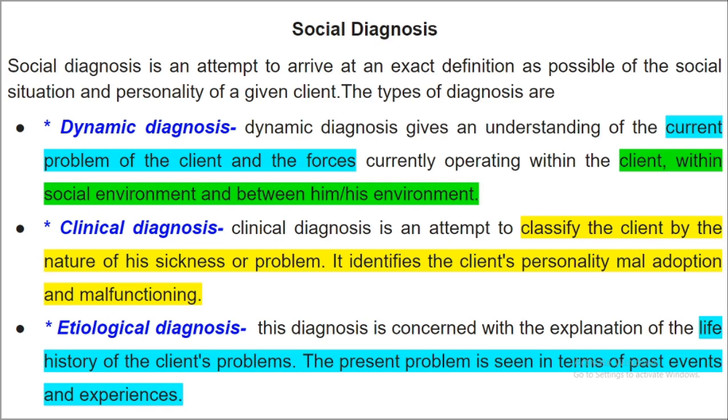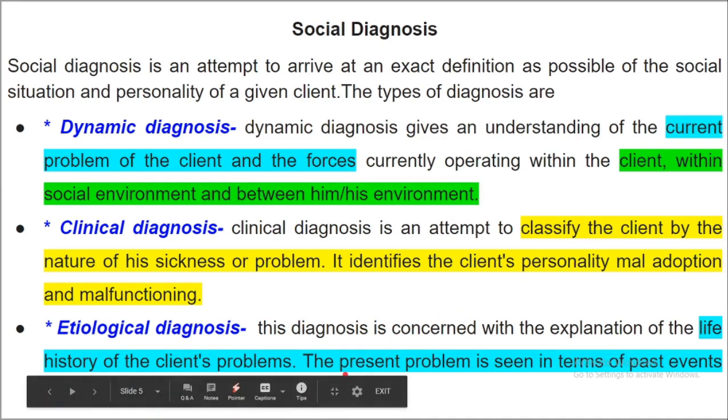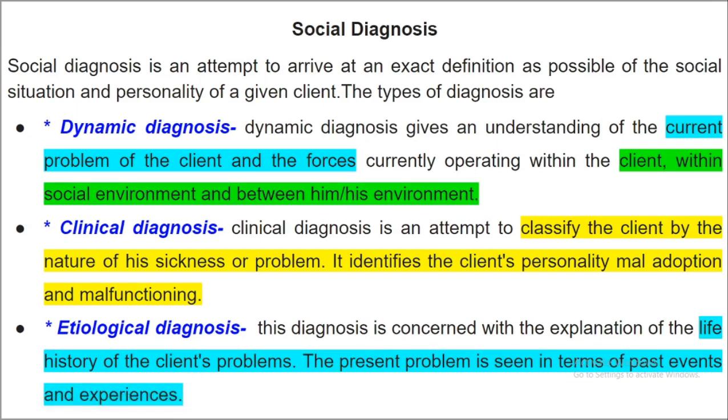Etiological diagnosis. This diagnosis is concerned with the explanation of the life history of the client's problems. The present problem is seen in terms of past evidence and experience. So here you have to find the life history of the client. That means a historical understanding of that problem.